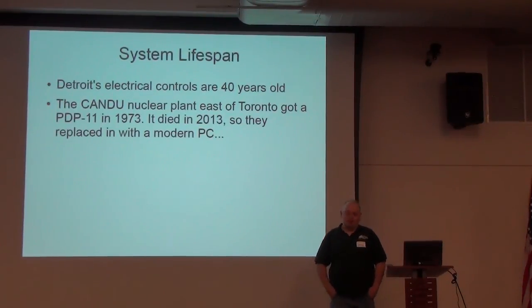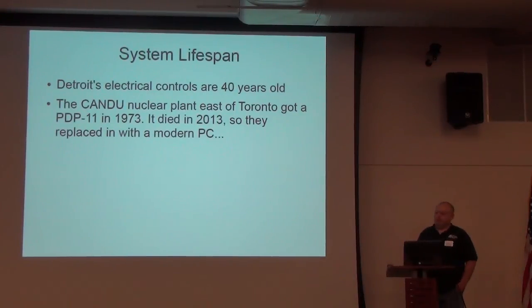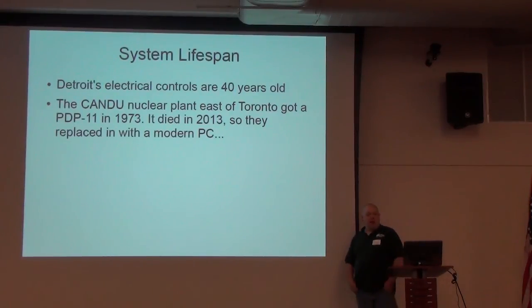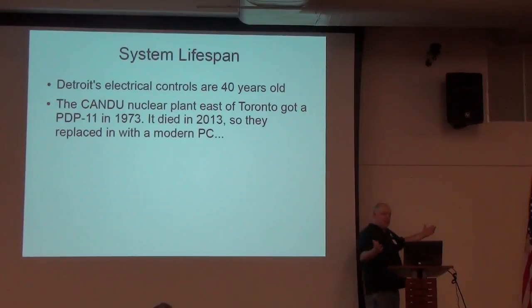The electrical controls in Detroit are 40 years old, which is sadly not that uncommon. Toronto is not far from here, and their Can-Do nuclear plant, lovely name. It was run by a PDP-11 for many years.